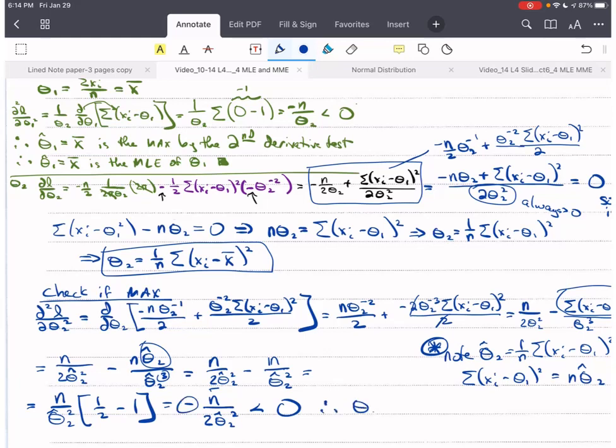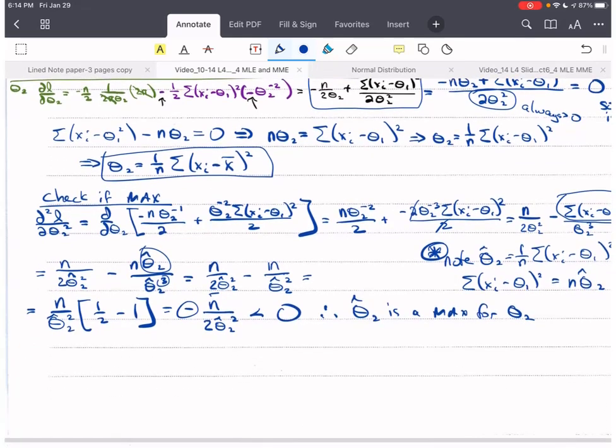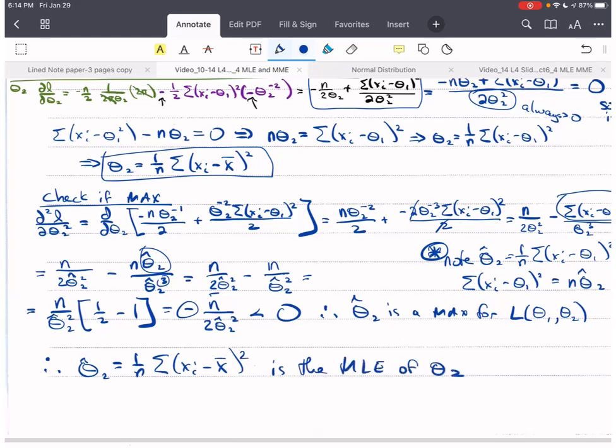Therefore, θ2 hat is a max for, I'm sorry, not θ2, for L of θ1, θ2. Therefore, θ2 hat equals 1 over n times the sum of (xi minus x bar) quantity squared, is the MLE of θ2.